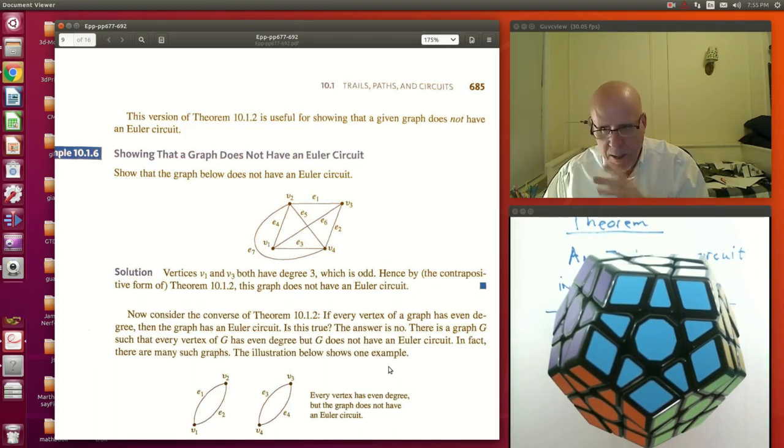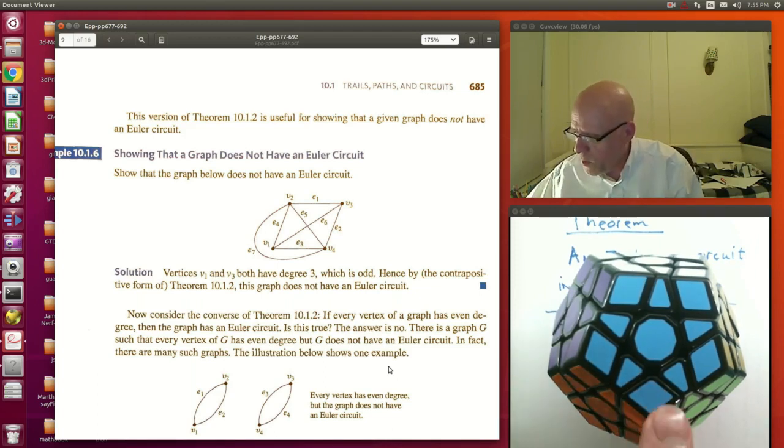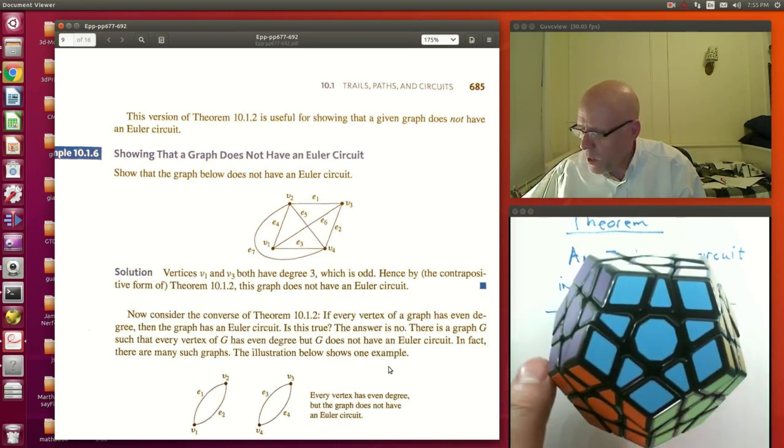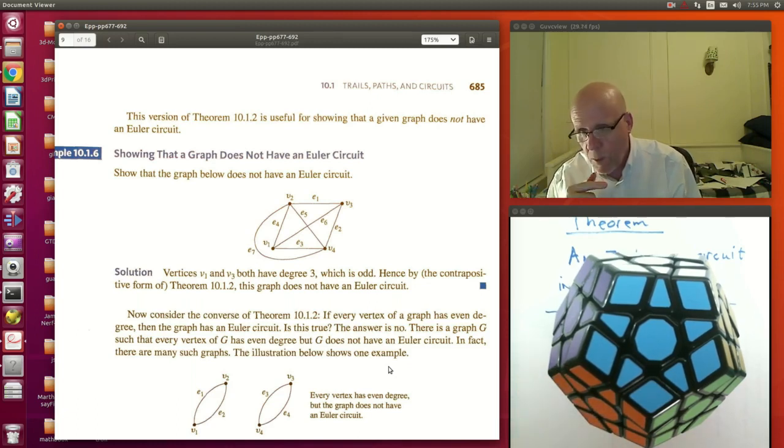So he asked, was it possible to wander around the edges of this solid shape and manage to hit all the vertices once, but never repeat an edge? So he didn't want us to have any repeats on the edges. That doesn't mean you have to hit every edge. The thing you had to hit was every vertex.